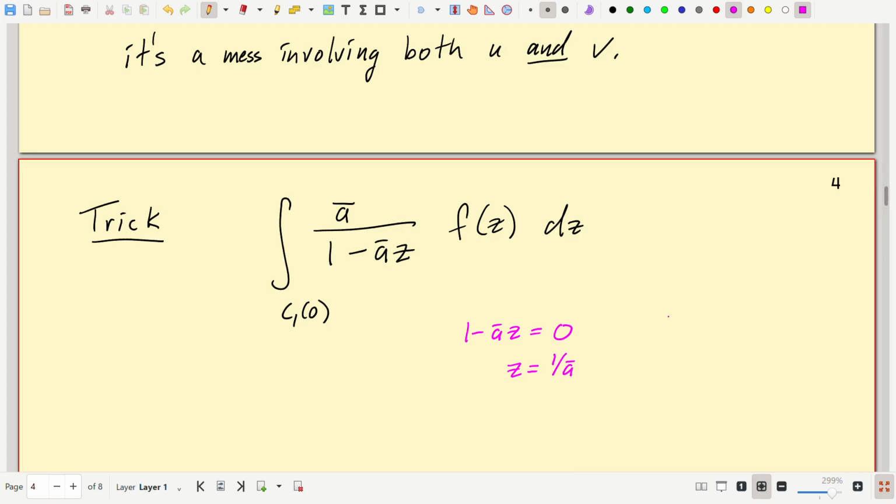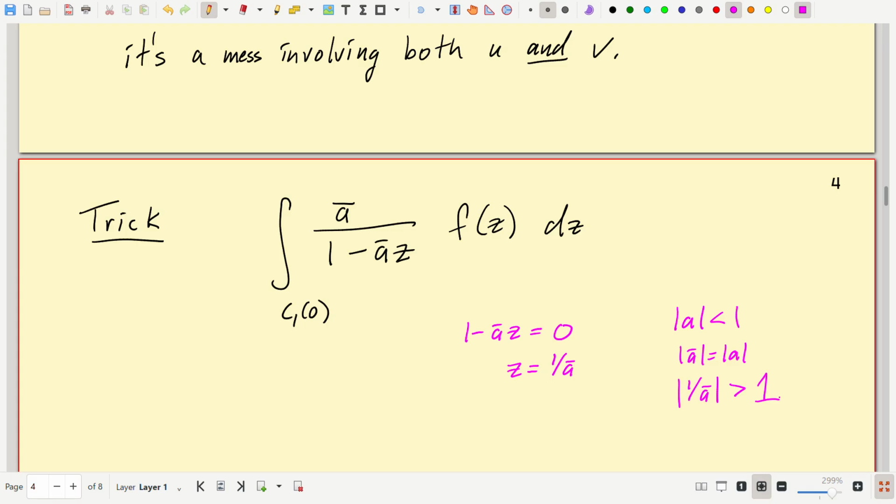And the modulus of a is less than 1. And the modulus of a bar is equal to the modulus of a. And so the modulus of 1 over a bar is bigger than 1. So the bad spot there, the pole, is outside the unit disk.